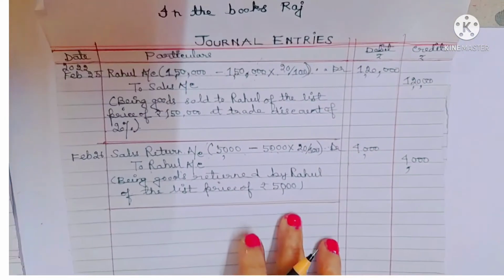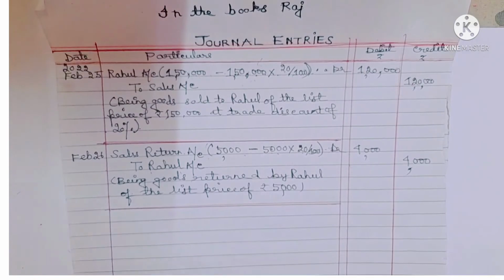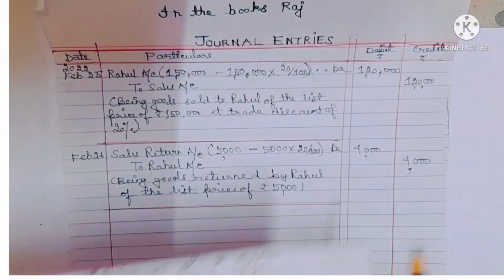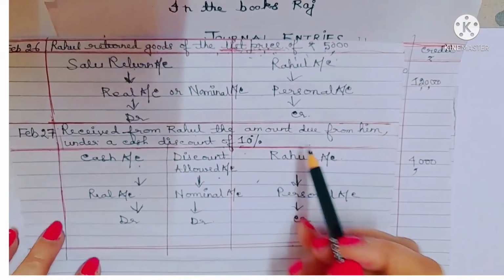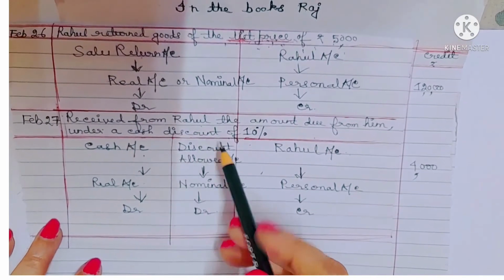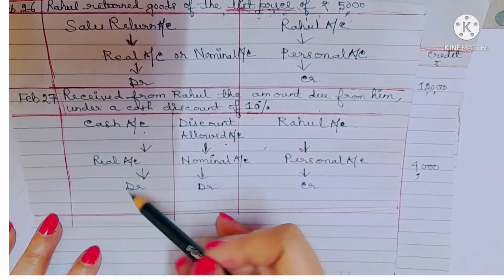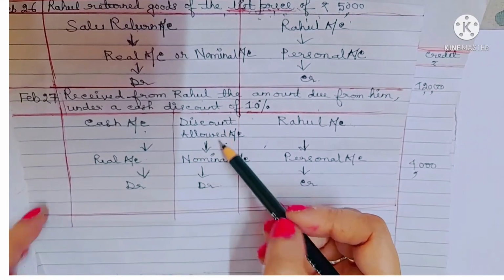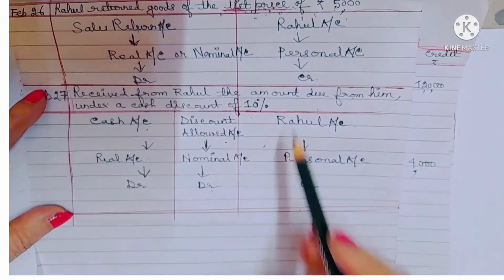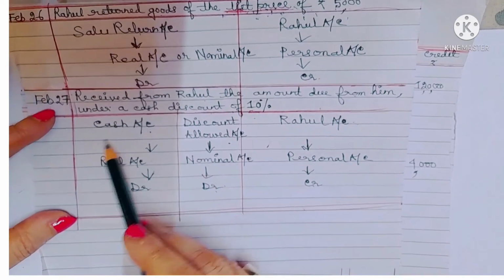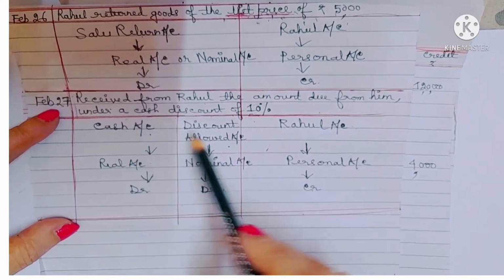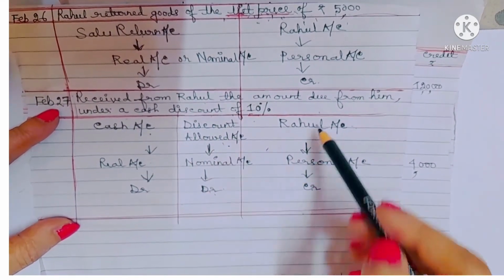So what is the last transaction? The last transaction is received from Rahul the amount due from him under a cash discount of 10%. So cash account is debit, discount allowed is debit and Rahul account credit. So here are two debits, cash account as well as discount allowed account, and Rahul account credit. So let me do it.